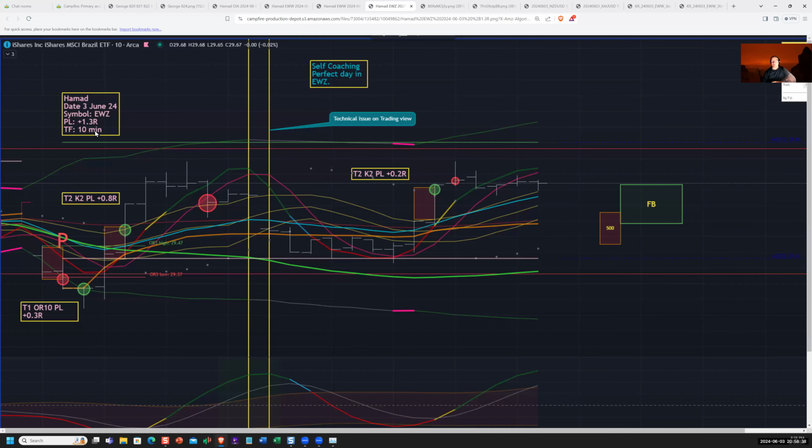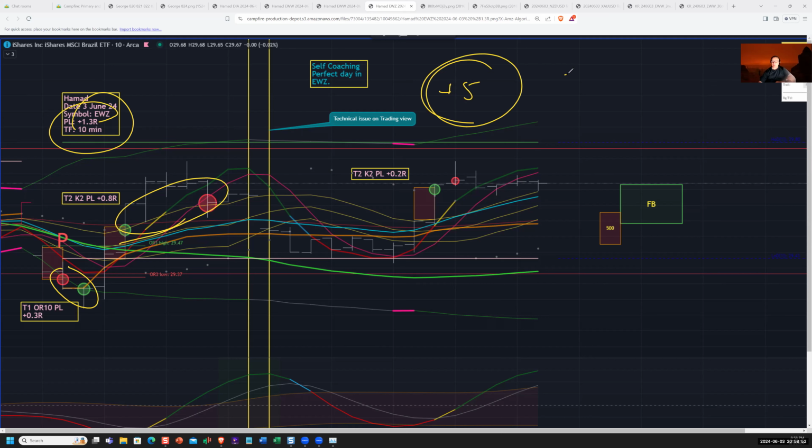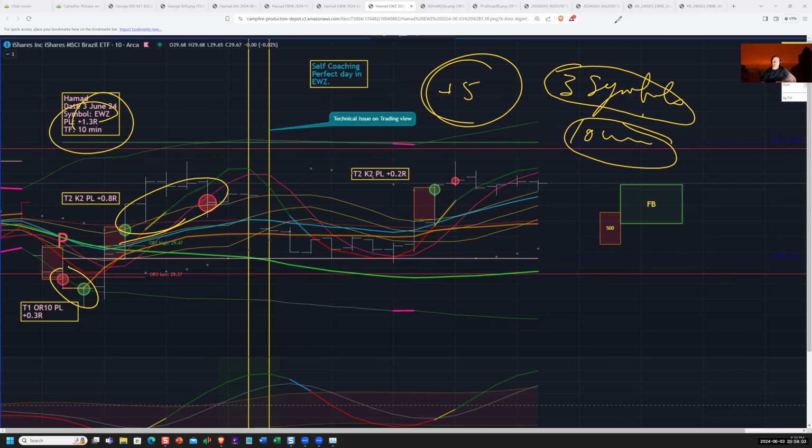And then gets 1.3 on EWZ, and this is one where he actually is able to trade that in 2 directions, and he gets 1.3. So he's over +5 for the day, but he's able to do that on 3 symbols on 10-minute charts. The slower time frame gives him more flexibility to trade more symbols.